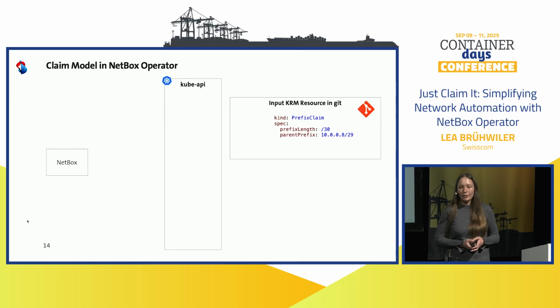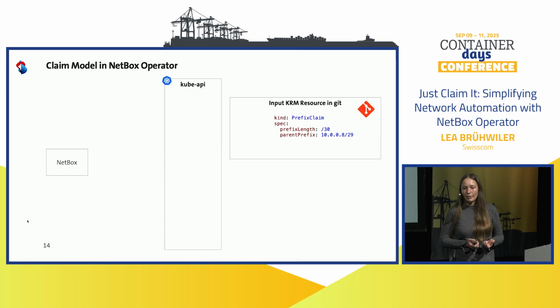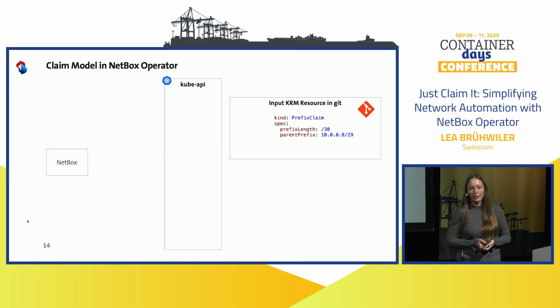So this operator works with claims, for example, the prefix claim. And if you apply a prefix claim custom resource to your cluster, the prefix claim controller will reconcile it. This means it will look at the spec to see what kind of prefix it should claim.